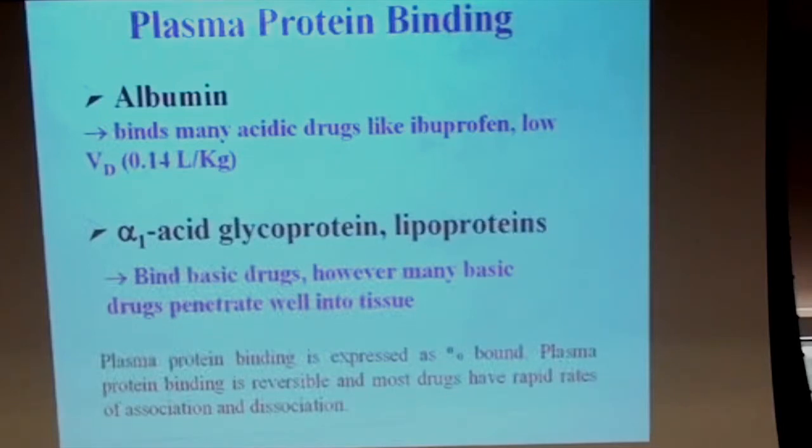But in general, weak acids are typically highly plasma protein bound. Weak bases can be plasma protein bound, but they also really like to go into tissue, and for weak bases, you typically find these huge volumes of distribution. And of course, plasma protein binding is in equilibrium. Drugs will dissociate on and off albumin.